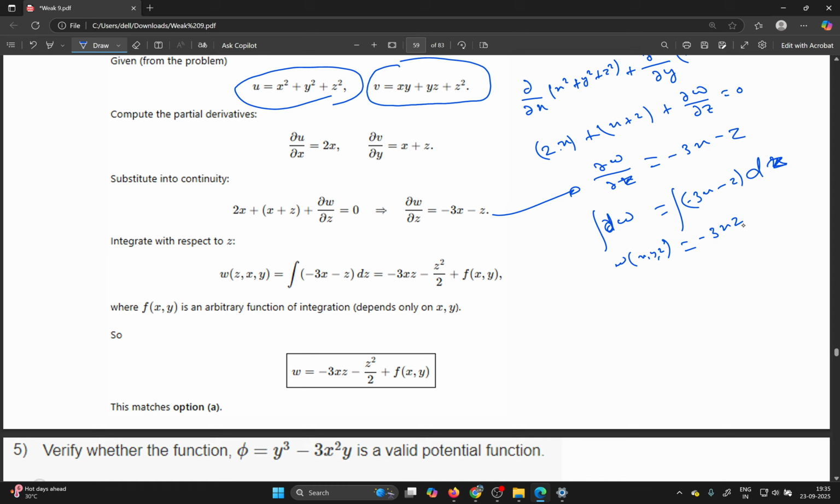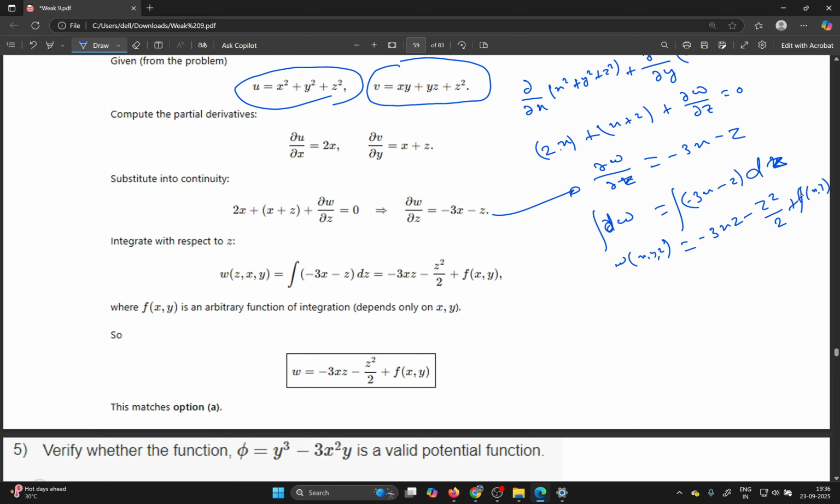So minus 3x z, and then z square by 2, because you are integrating with respect to z, plus a function f(x, y). Why not z here?